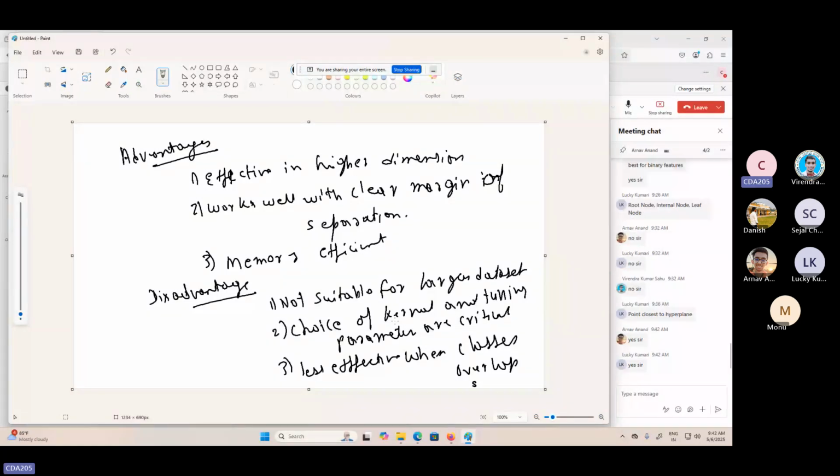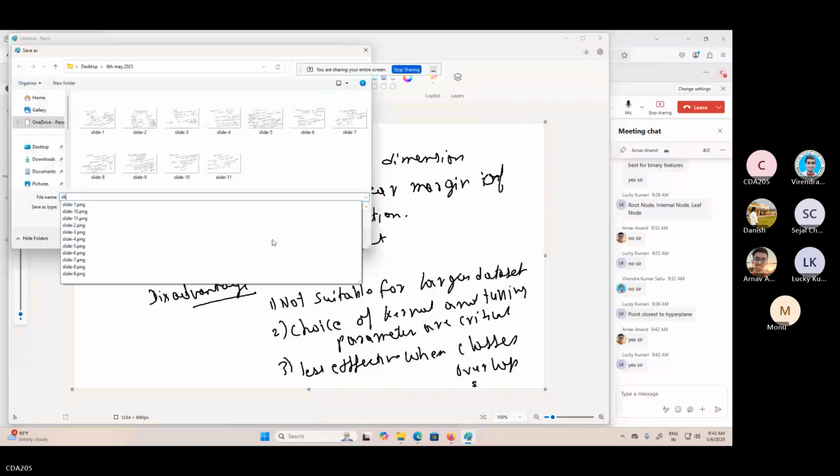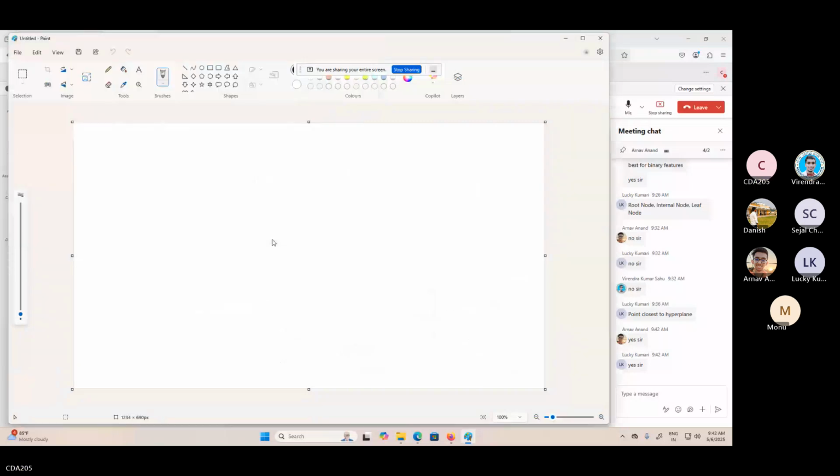Now next one is the regression part. As I already told you, regression is a type of supervised learning where the goal is to predict a continuous output based on one or more input features.